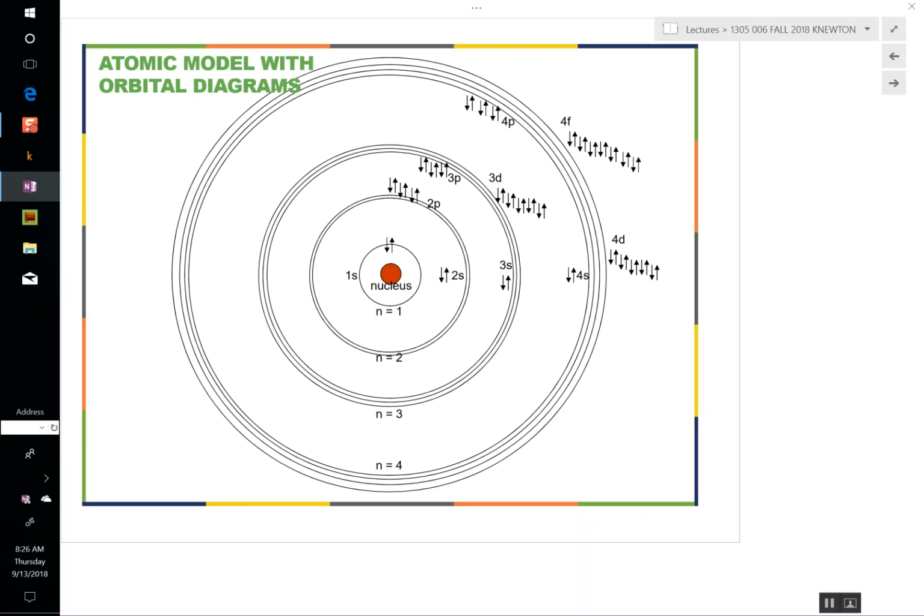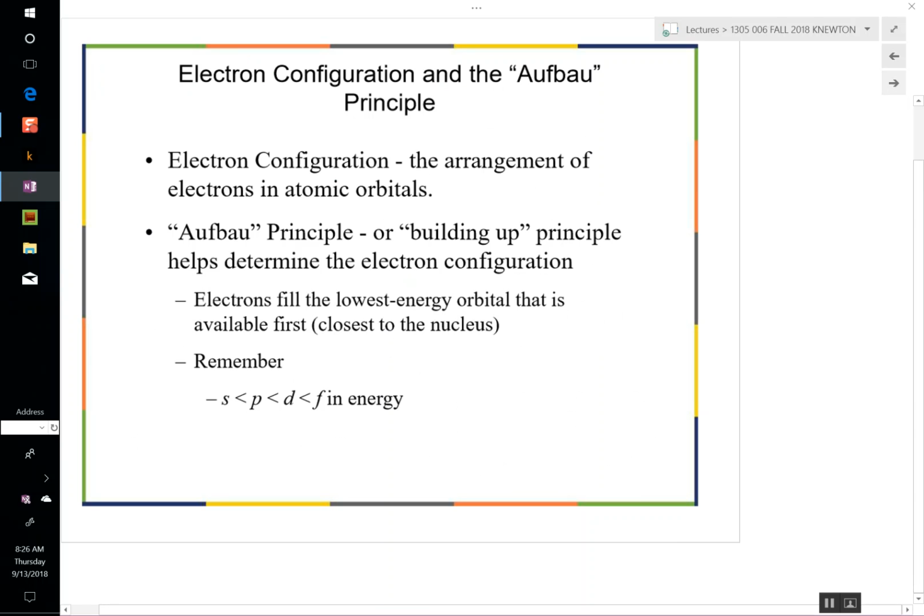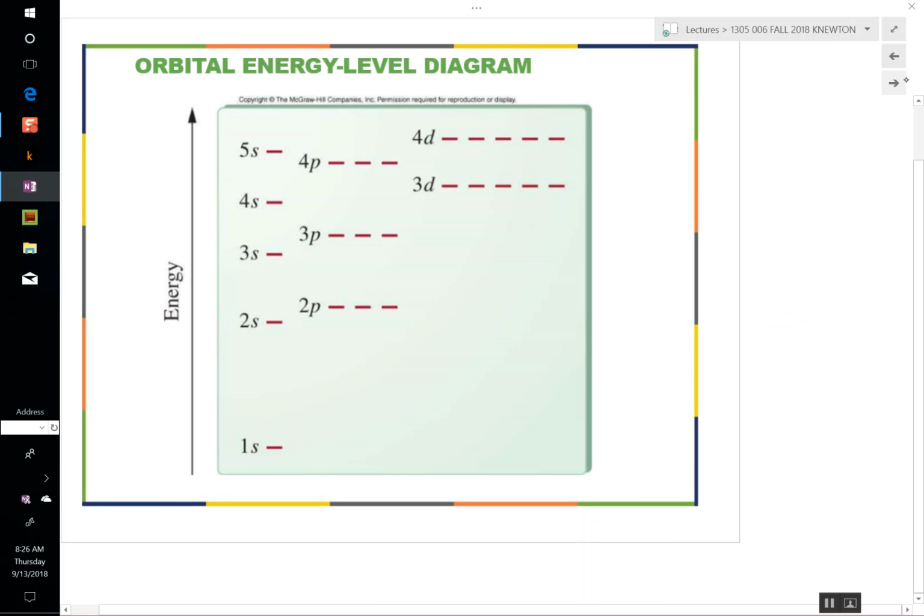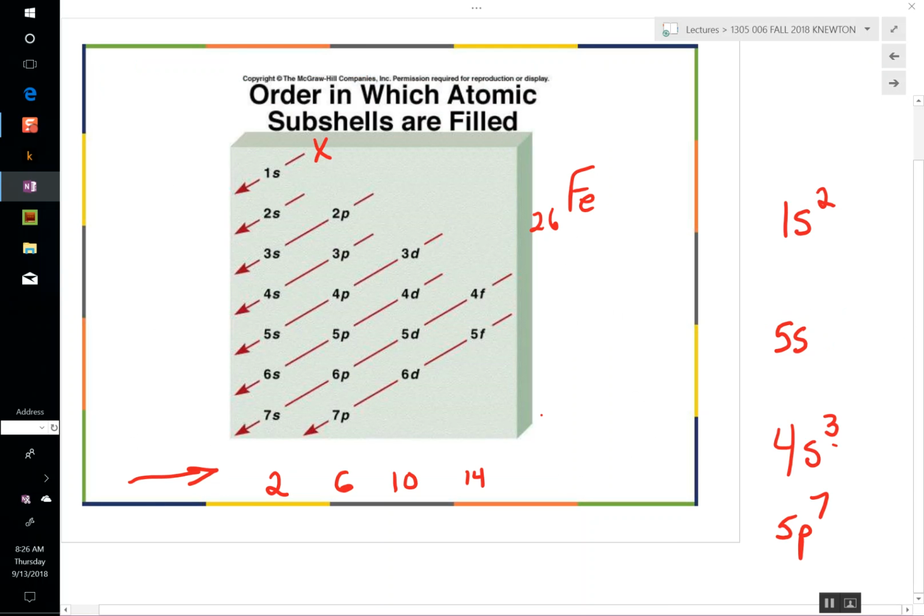Sodium has 11. 1s2, 2s2, 2p6. There's 10 electrons. And let me go back to this other chart so we can wrap our minds around what's going on. Okay, so we've got 1s2, 2s2, 2p6. That's 10 electrons. We need 11, so an electron goes right in here, 3s1. Now, all of you should write these down.